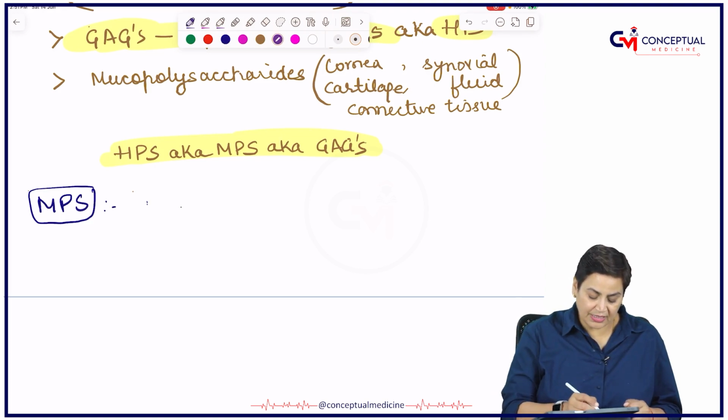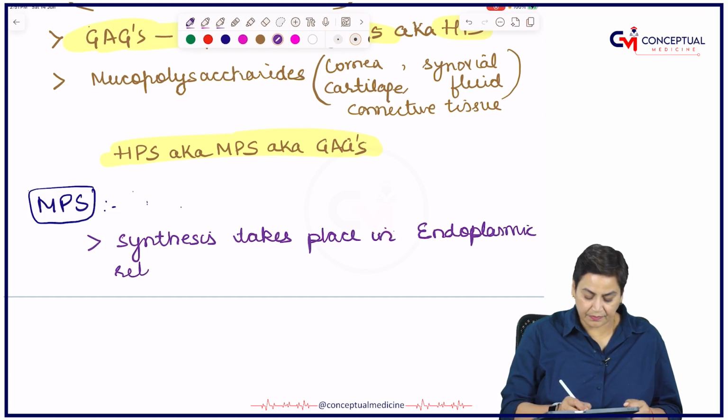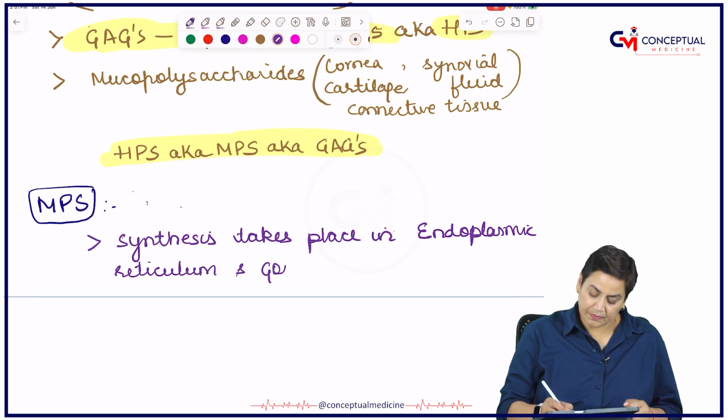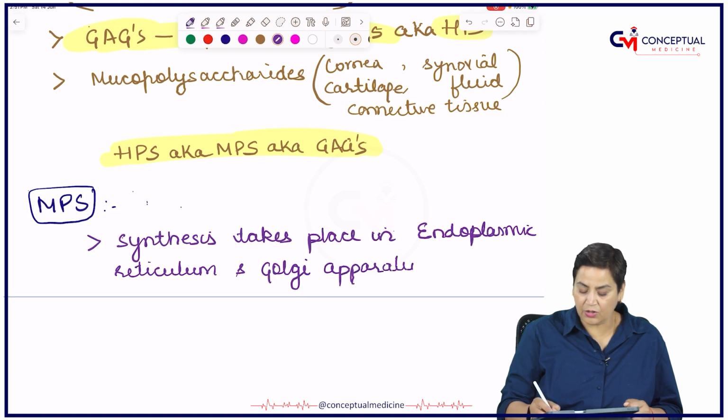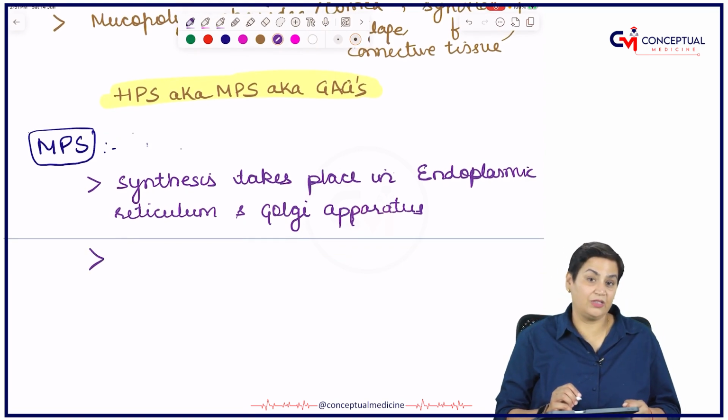The synthesis takes place in the endoplasmic reticulum and Golgi apparatus, but degradation always takes place in the lysosomes.